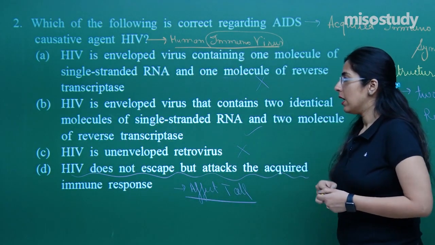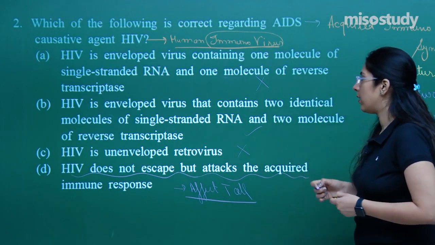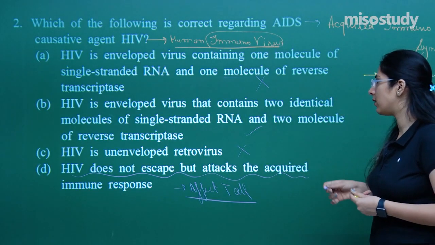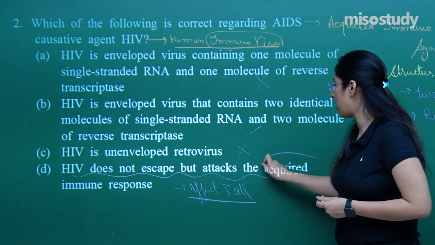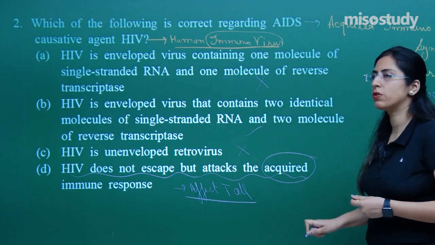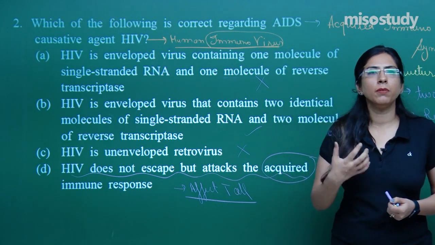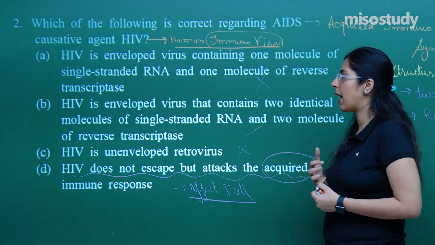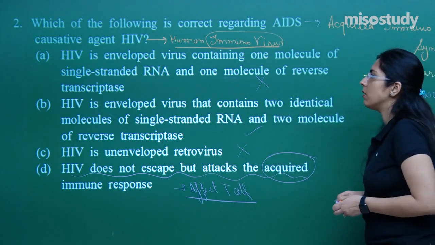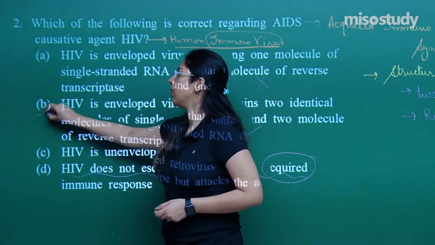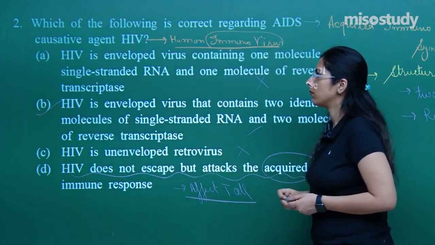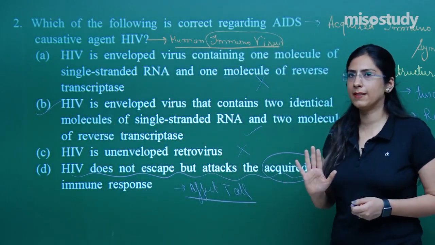So it is written over here that it doesn't escape but attacks the acquired immune system. It doesn't attack the acquired immune system, it affects the innate immune system, right? That we already have. So the correct option for question number 2 is option B.